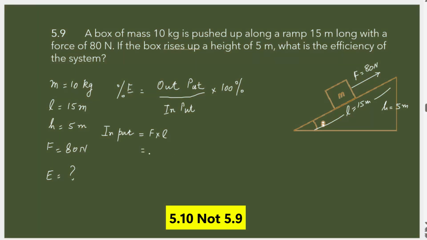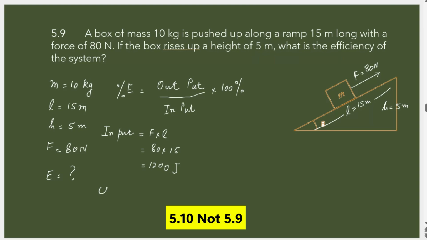The force is 80 Newton, and the length of the ramp is 15 meter. Multiplying these two, we will get 1200. And input is also energy, its unit is joule.